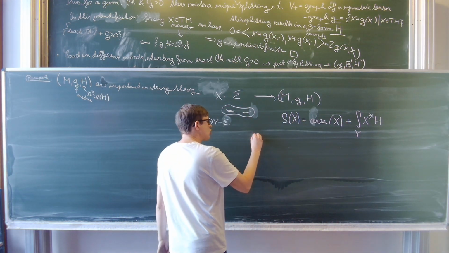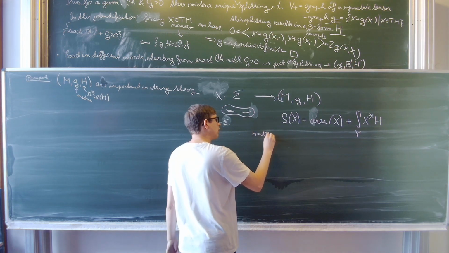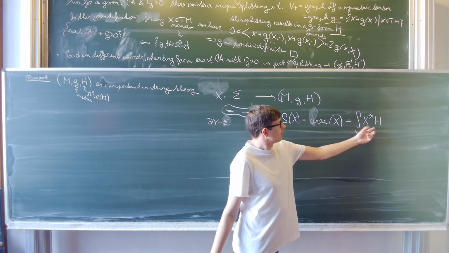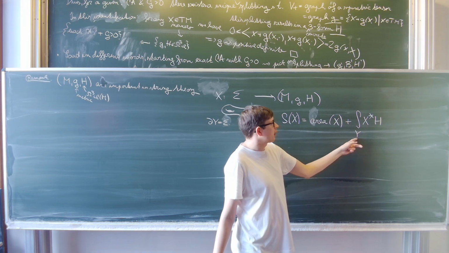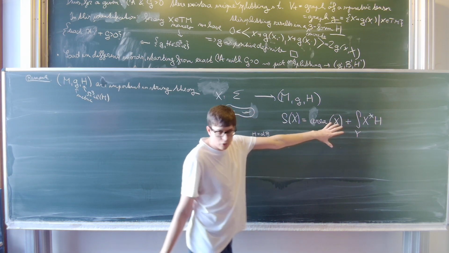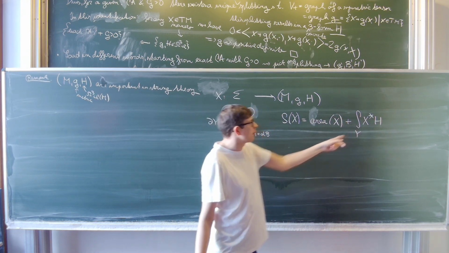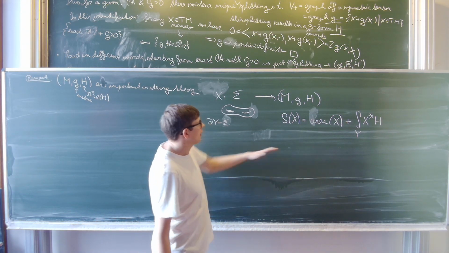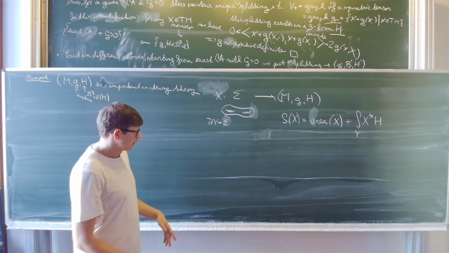Now note that if H was actually dB, then by Stokes you can localize this to the boundary, so you get precisely the action functional from before, an integral over sigma of B. But this is a more global picture where you allow things that are not of this sort.